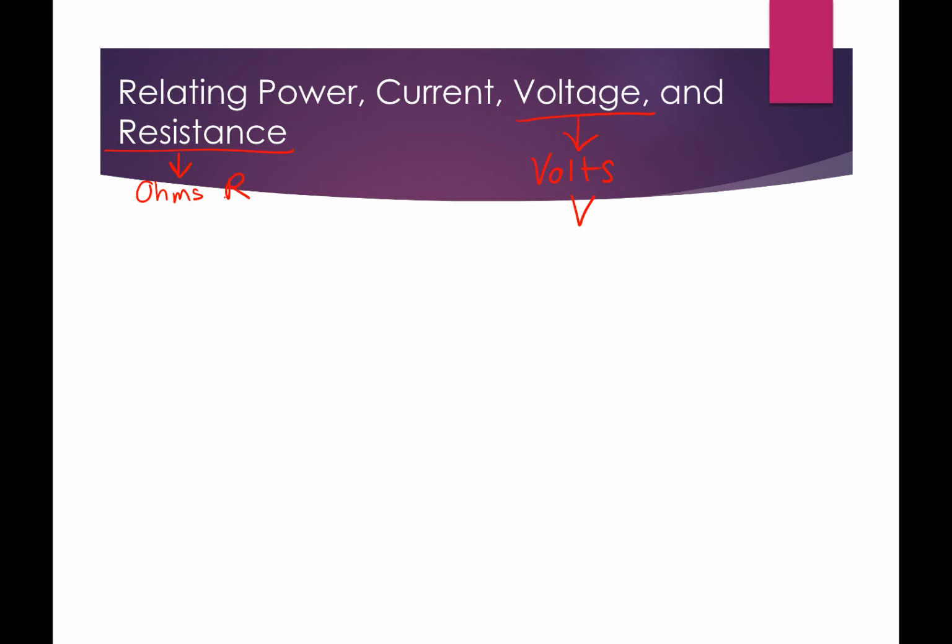We call it R. Current is measured in amperes, but usually you'll hear people just call it amps, and we'll abbreviate it with an A. Power is what you see on your electricity bill, measured in megawatts. So we measure power in watts. We have that P is equal to IV.